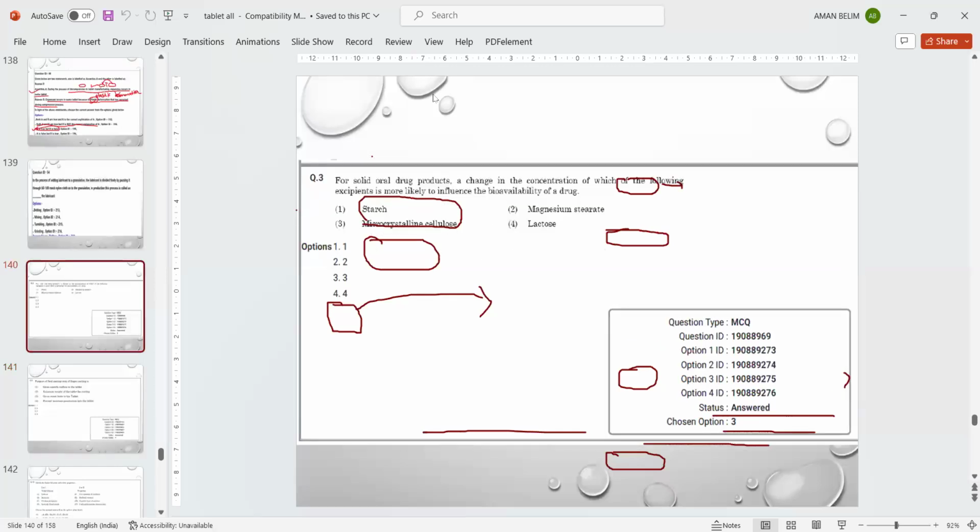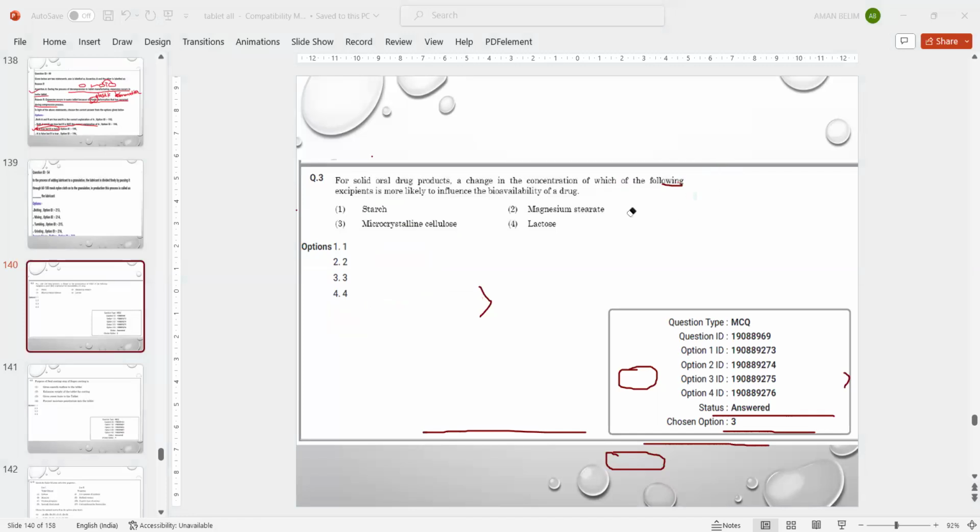Now this MCQ. For an oral drug product, a change in concentration of which of the following excipients is more likely to influence the bioavailability of the drug? This was a question from GPAT 2021.